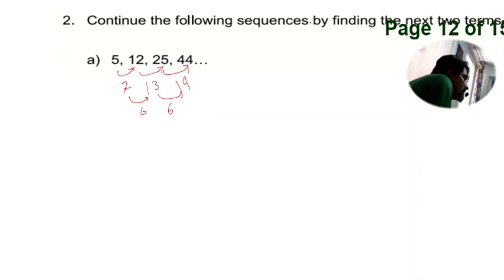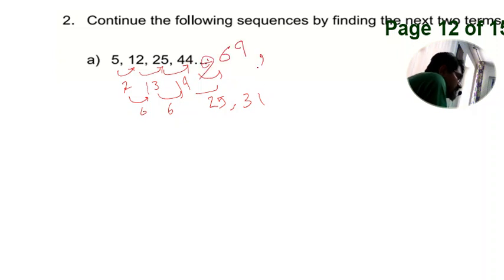Continue the following sequence by finding the next two terms. Plus 6: 7, 13, 19, 25 and 31. Then 25 added to 44 is 69, adding 31 is 100.